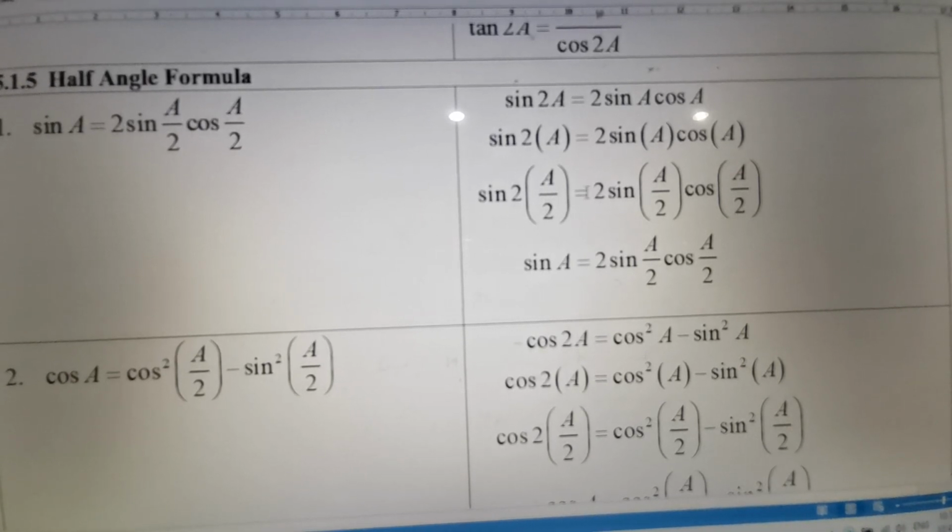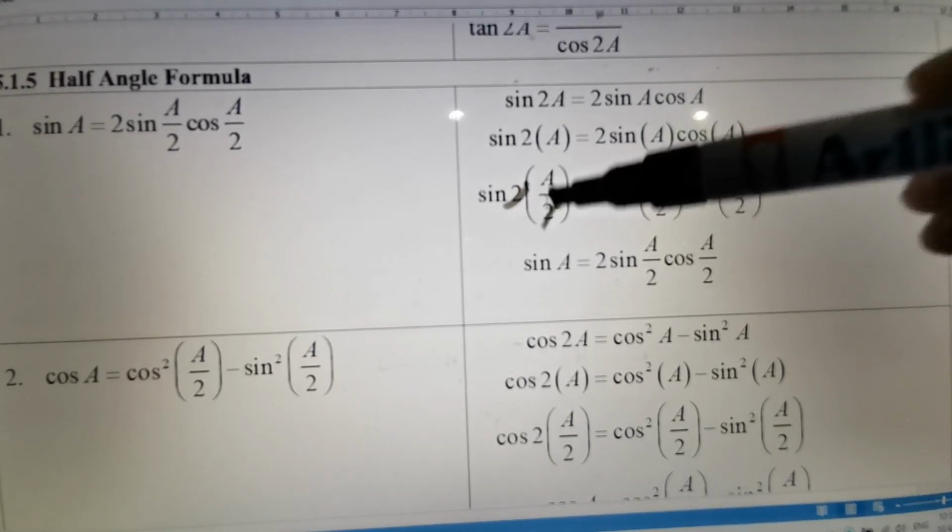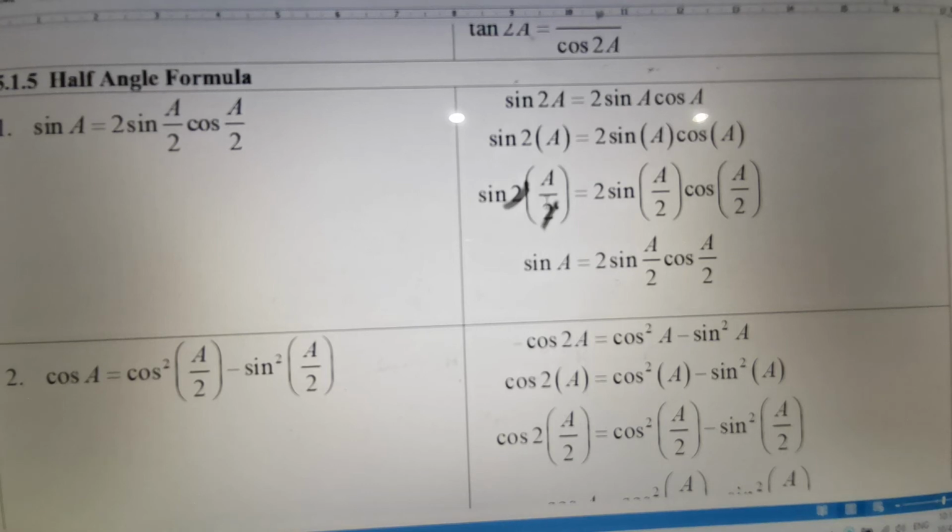And then if you cancel this 2 and 2, you will get sin A. True or not? If you cancel 2 and 2, you will get sin A. And this one, no need to alter anything, you just bring it down. So this is the formula for sin A. Sin A actually has two formulas.